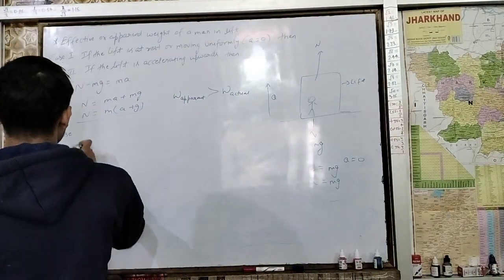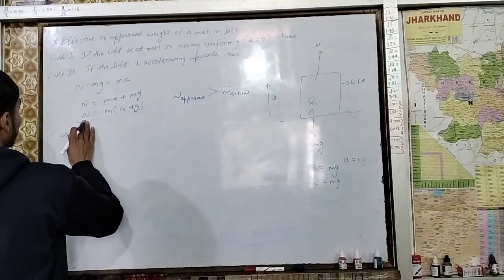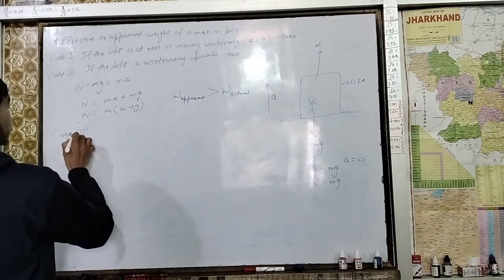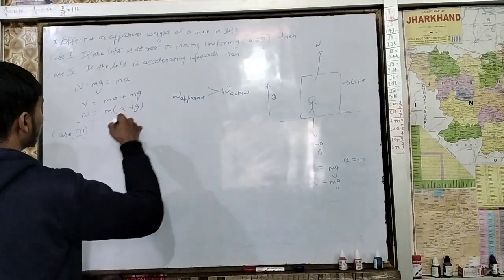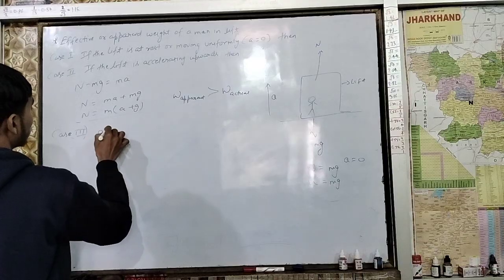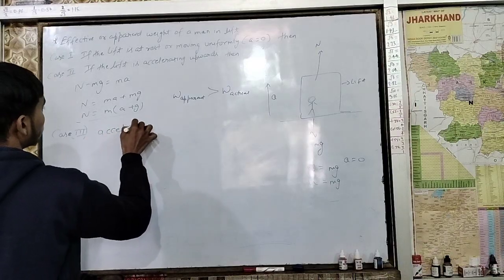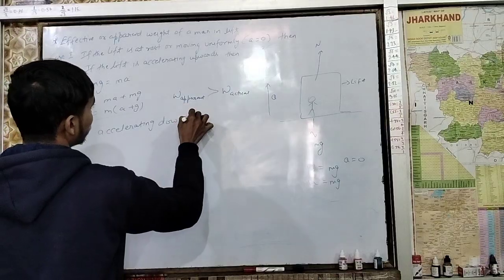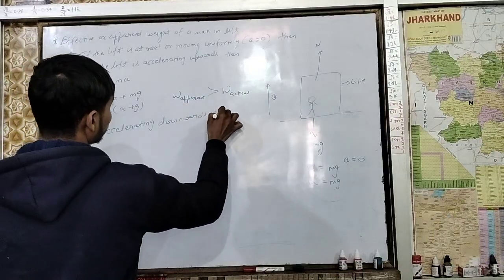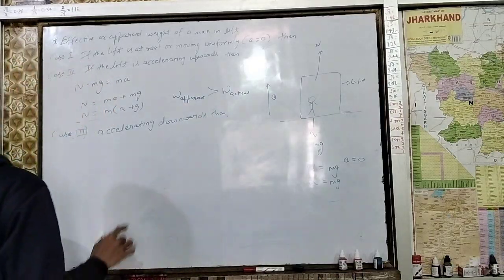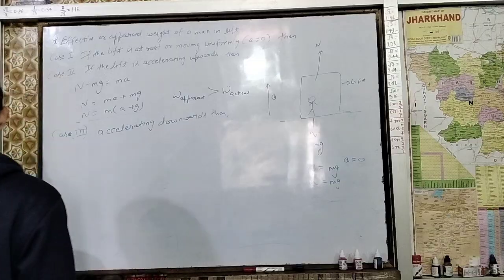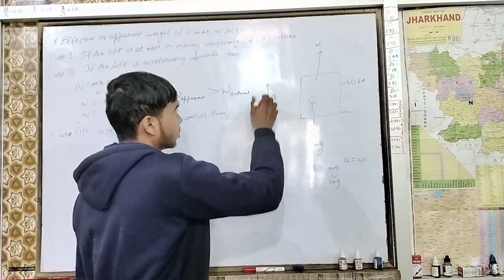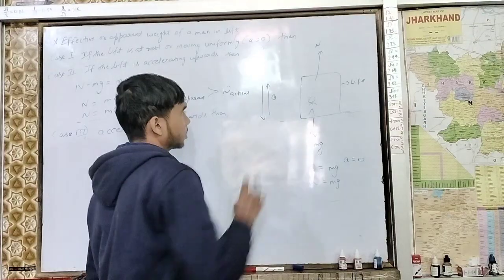Clear? So case number three is, the lift is coming downward. The lift is accelerating downward. Then what would be our normal? In that case, let's say it is like this.